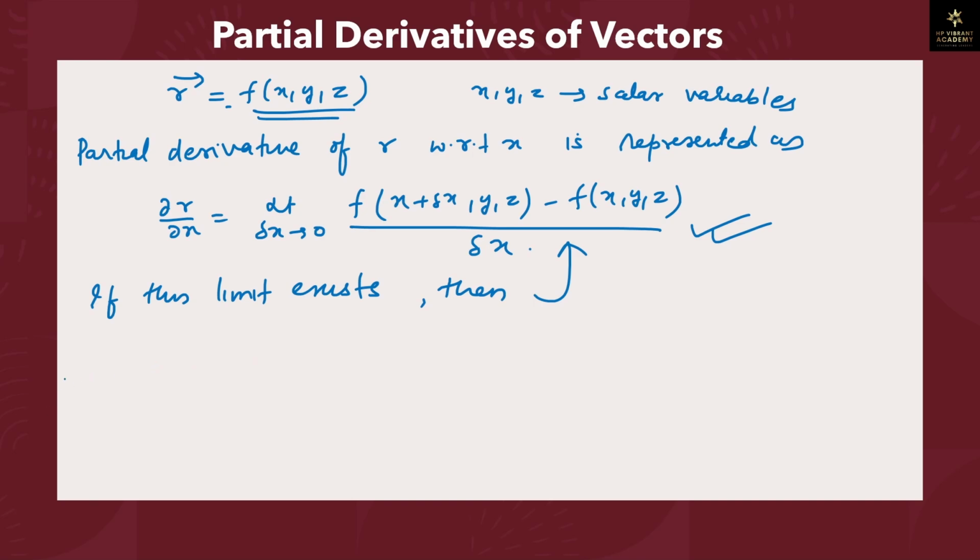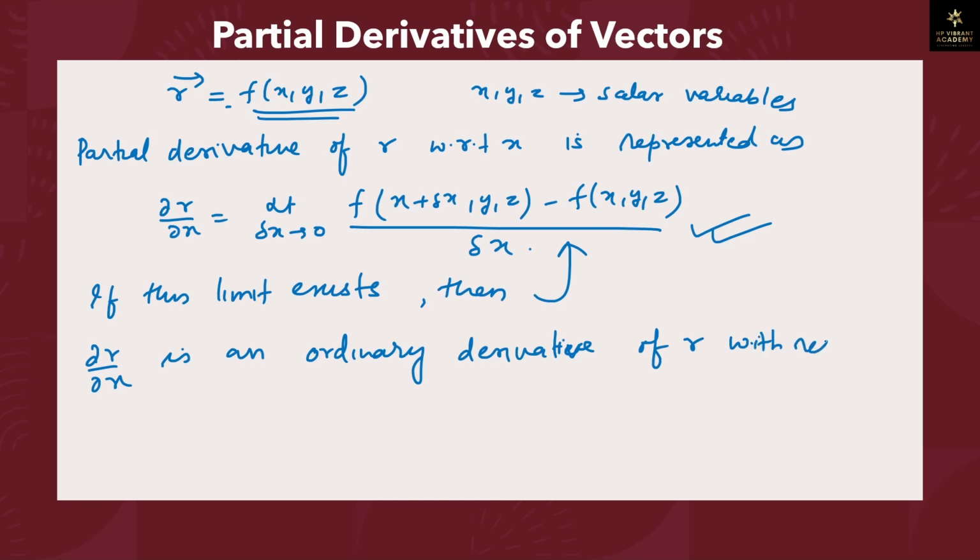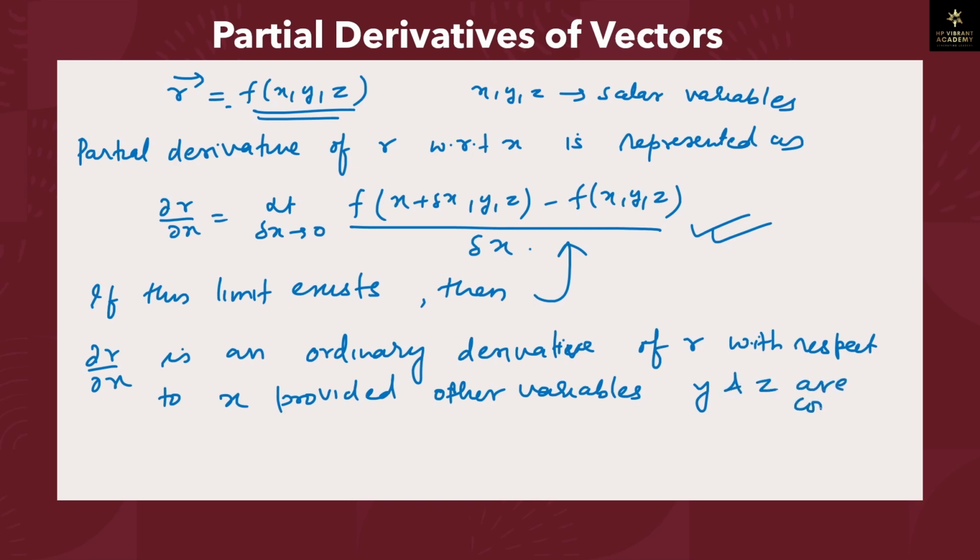So we can say that del r upon del x is an ordinary derivative of r with respect to x, provided the other variables y and z are constant.